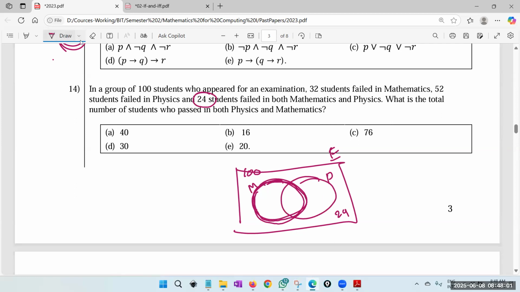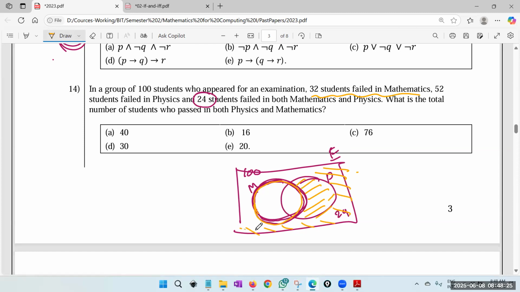Do you agree? So 32 students fail mathematics. So fail mathematics means outside this. Outside this means this part plus this part. When you add this, you get the outside maths.